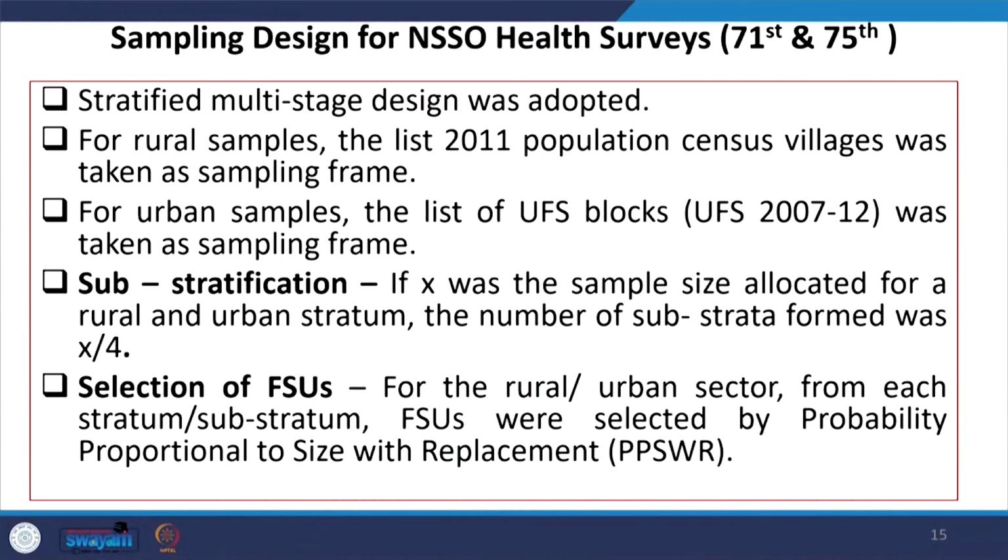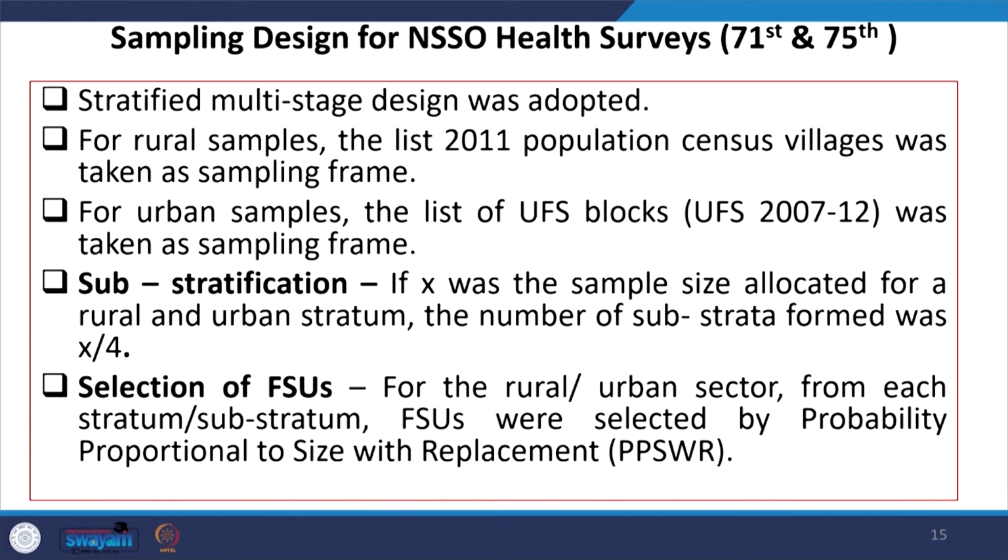So, what is the sampling design for the NSS surveys of the 75th and 71st rounds? The sampling design is a multi-stage stratified one. The design of stratified multi-stage was adopted. For rural samples, the list of 2011 population census villages was taken as the sampling frame.